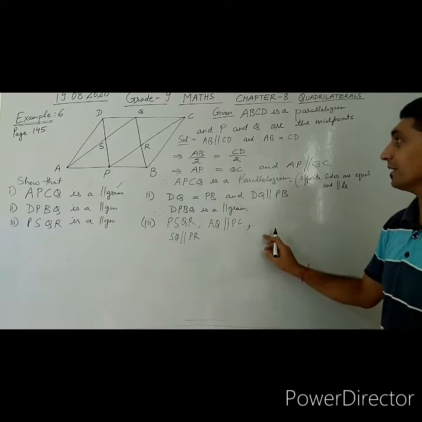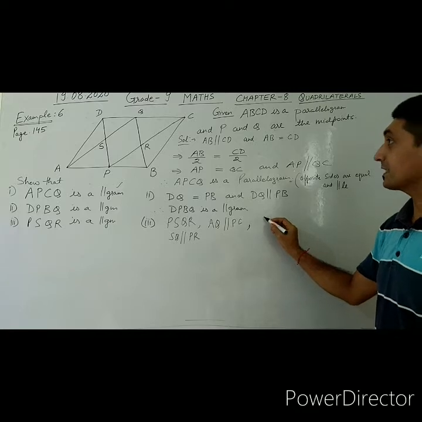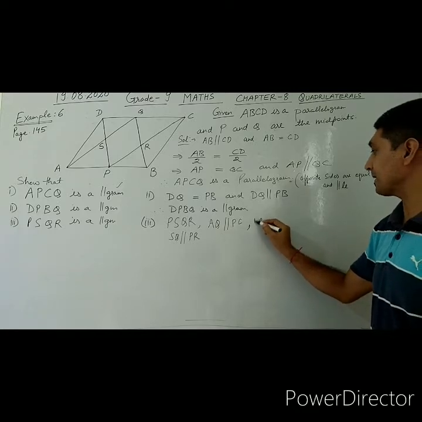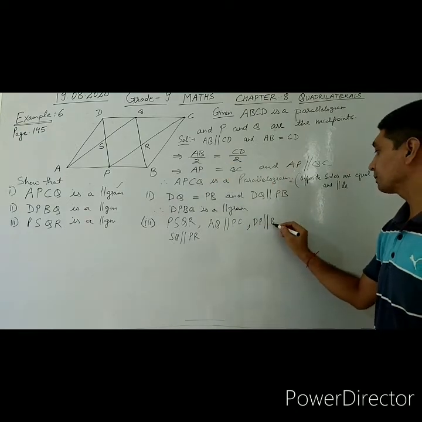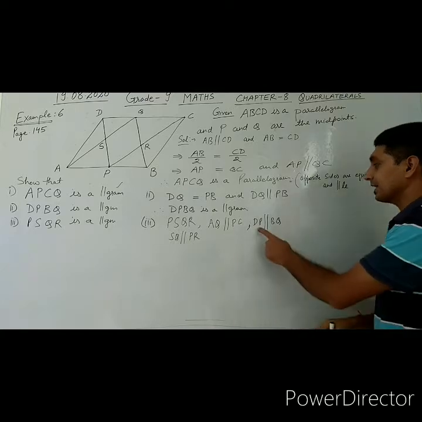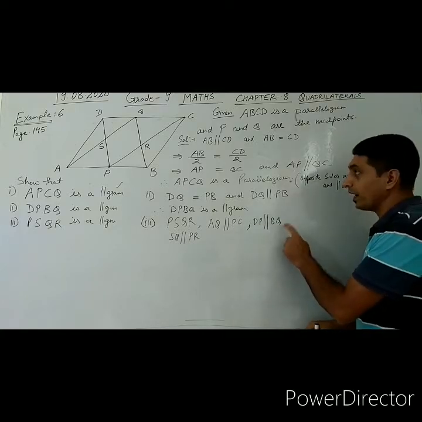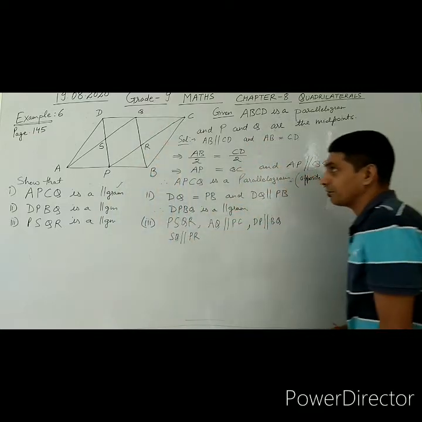And from the second part we have DP parallel to BQ. Now why is it parallel? Because here DPBQ is a parallelogram.